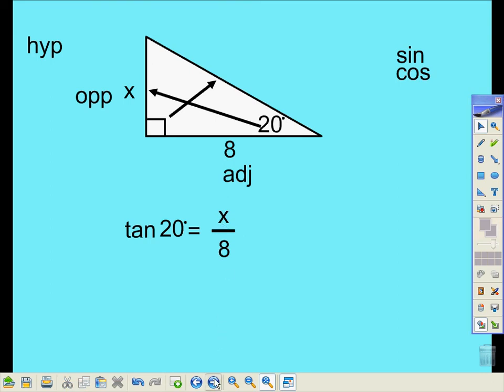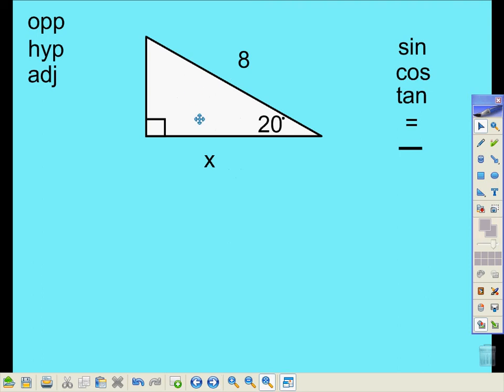Alright, if we look at another problem, same kind of look, same type of feel. Again, start out at the 20-degree angle. That's where our angle is. We're going to go straight across. Boom, there's your opposite side. So we can label that the opposite. But look at that, nothing there. No need to do it. So we're not going to worry about it for right now. If I go across from the right angle, there's my hypotenuse, 8.